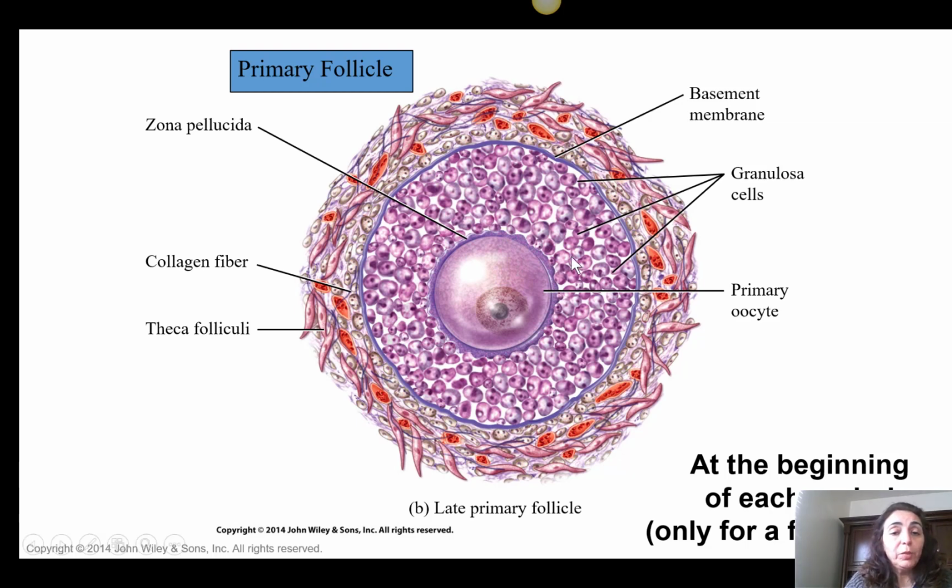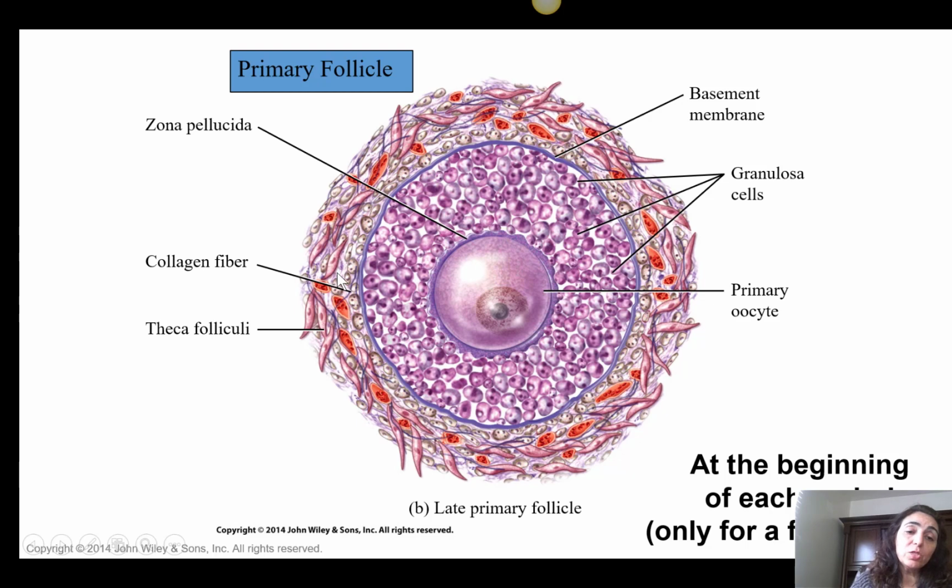So after the primordial follicle, after puberty, we have the primary follicle. As you see in the primary follicle, the oocyte is a primary oocyte. Then we said that it's going to start and continue and finish the first meiosis. And you see that the one single layer of cells that you had over there, now you have several layers, but still you have a basement membrane around, and beyond that you have stromal cells.